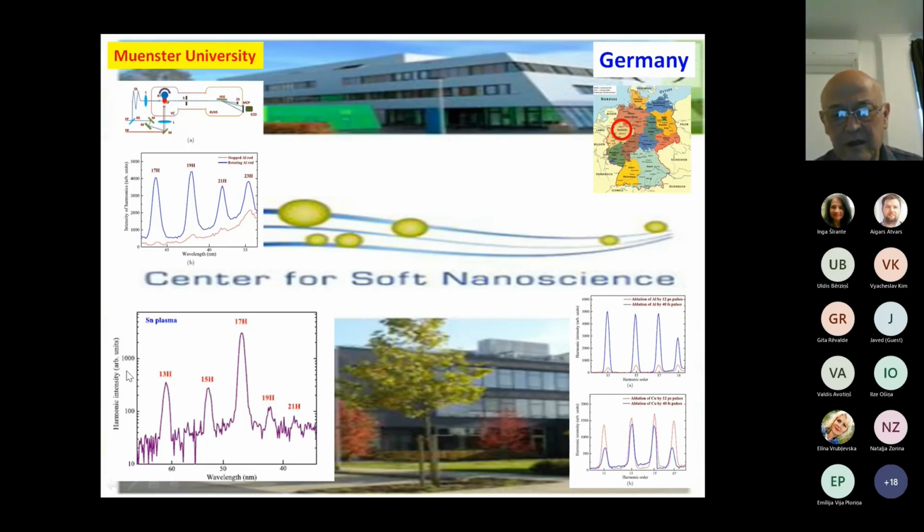It is a logarithmic scale, which shows that it is around 10 times stronger in some plasmas like tin plasma and so on.